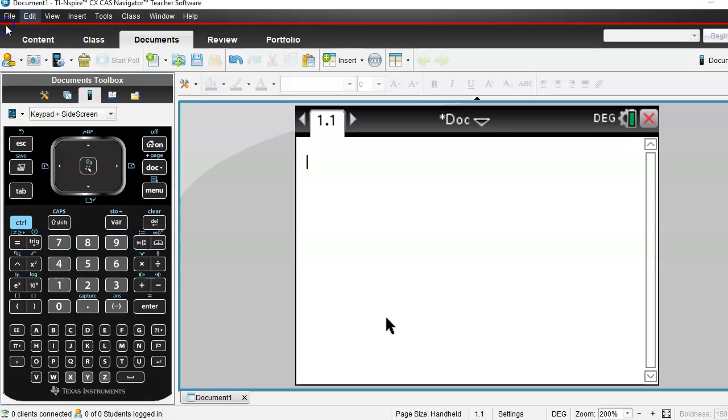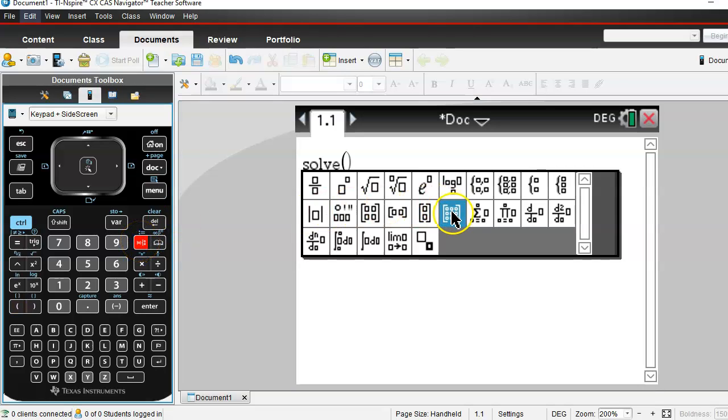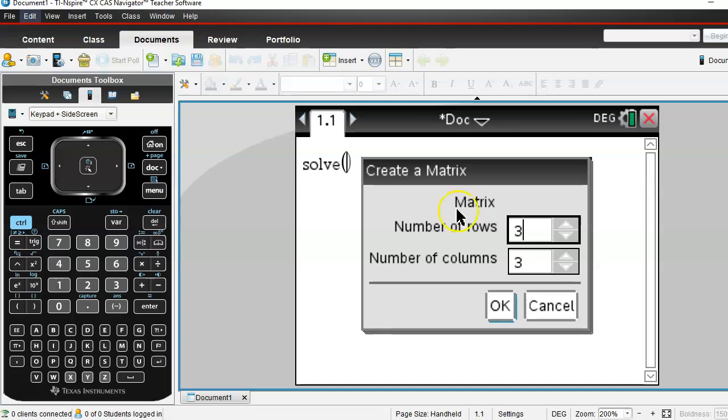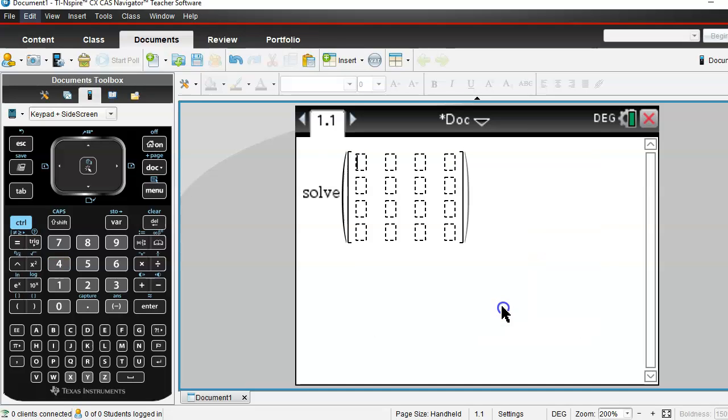Okay, let's go to the good old CAS. Now, a couple of ways you could do this. For now, let's stick with solve and do our matrix and X a 4 by 4.